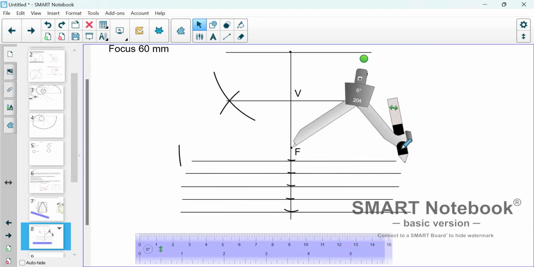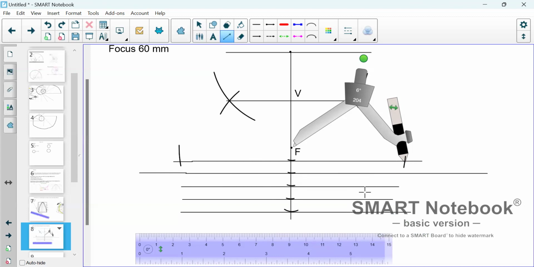Now please note, the arc is supposed to intersect the line that is coming through this point, right? It's supposed to. However, it didn't, so we need to go and extend the line. All right, we extend the line. So it means that these two would have to be extended also. Right, and also the others.